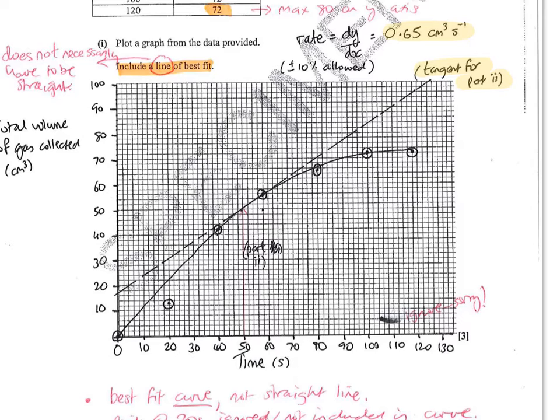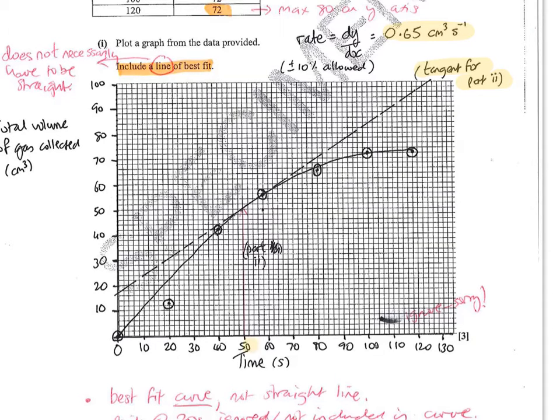So what you'll need to have here is the next page on your script. In other words, you'll need to have part E, where it asks you to use the graph to determine the rate of reaction after 50 seconds.